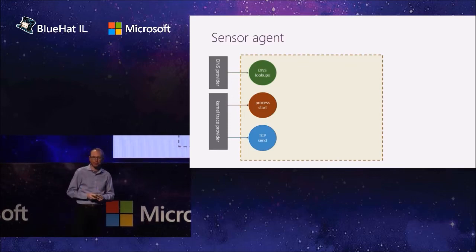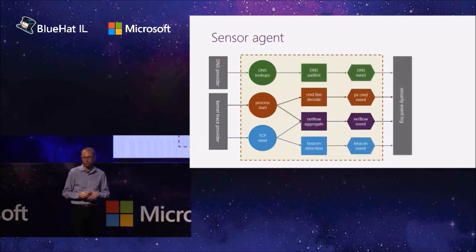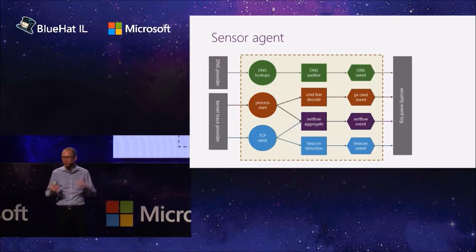And I'm going to put those on an asynchronous pipeline that will decode command lines, maybe to a greater or lesser degree of effectiveness, thanks to Daniel's Invoke-Obfuscation talk. I'm going to merge process and network activity to build up NetFlow on a per process basis, because ETW has the really nice property of always giving me events that are attributed back to the process that generated them.